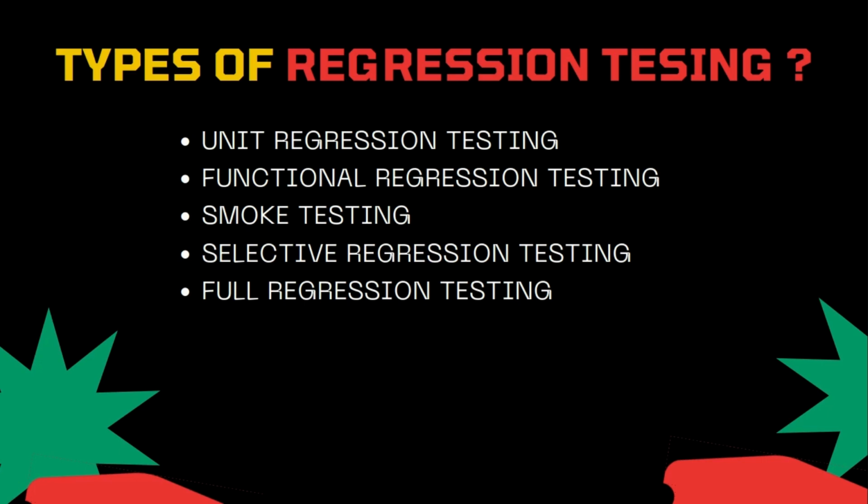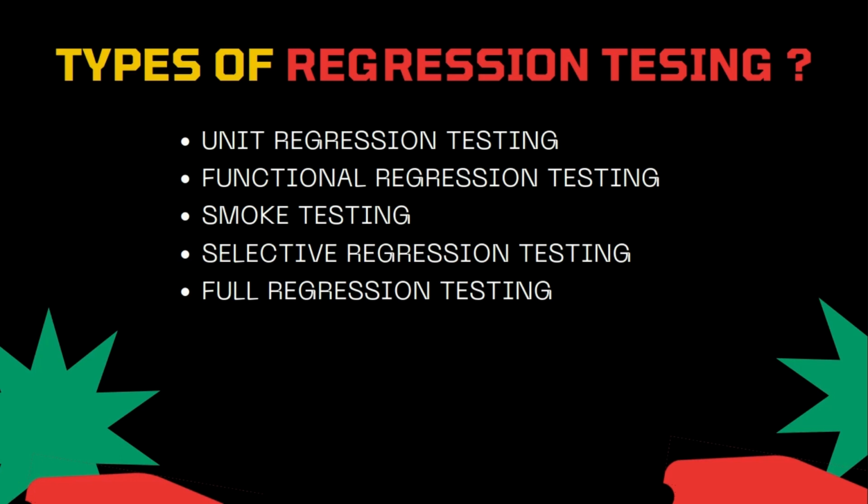Functional regression testing verifies that the software's core functionality is not impacted by the changes. After a code commit, we have to ensure the existing code functionality is working fine. Smoke testing is a quick test to ensure the most critical, or main, features are working fine before a comprehensive regression test. It focuses on critical features, and it is also a quick test.